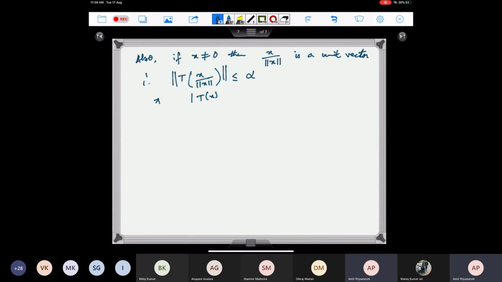So norm of Tx by norm x is less than or equal to alpha for every non-zero vector x, which implies, taking the supremum, that beta is less than or equal to alpha. So alpha less than or equal to beta was obvious, and then beta is also less than or equal to alpha. Therefore alpha is equal to beta.